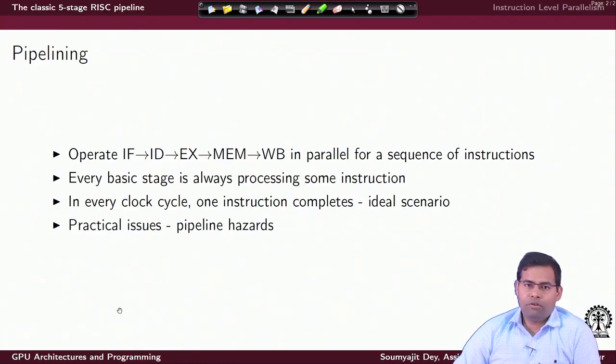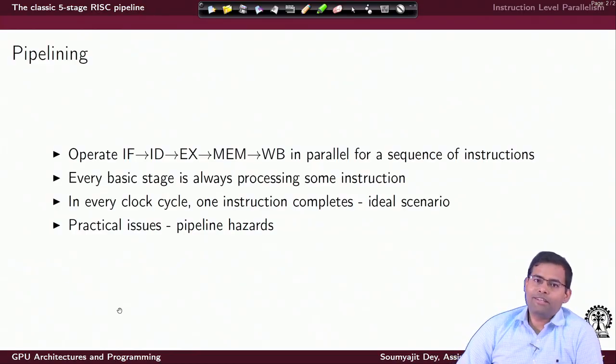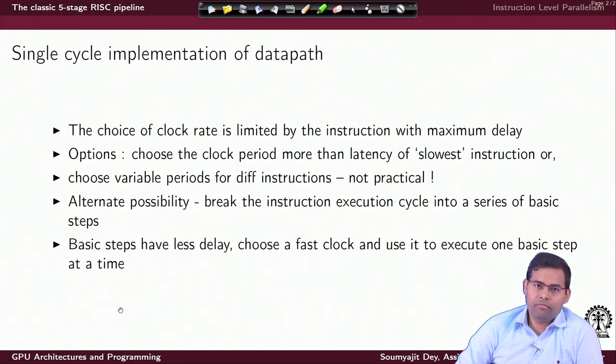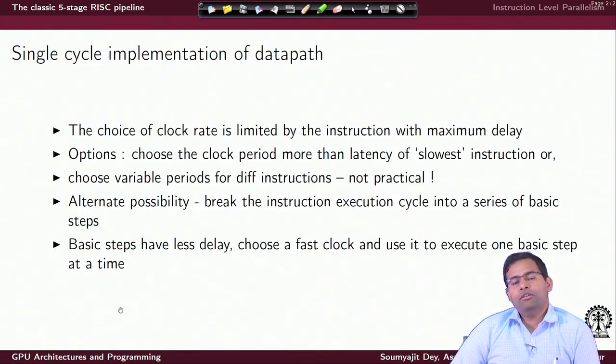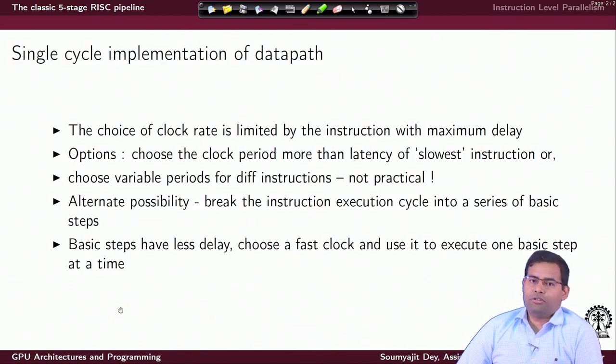To summarize from the earlier points, had we been sticking with a single cycle implementation of our CPU data path, it would have required a different amount of time for executing each of the instructions depending on the instruction's functionality.